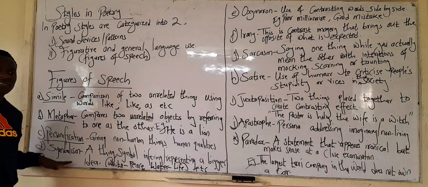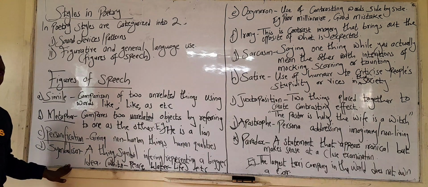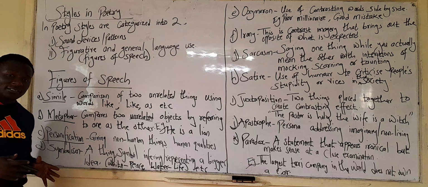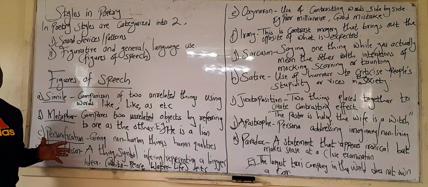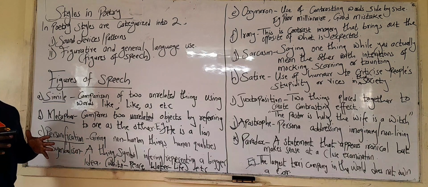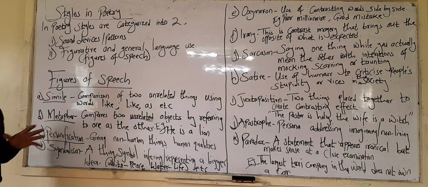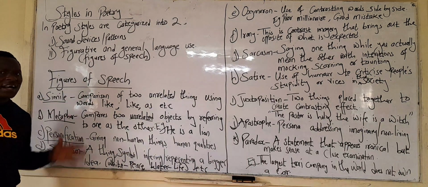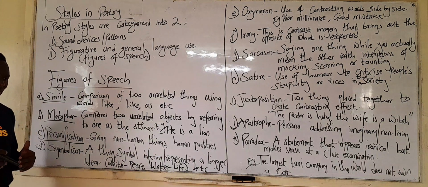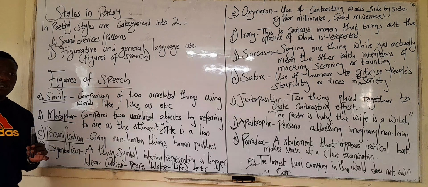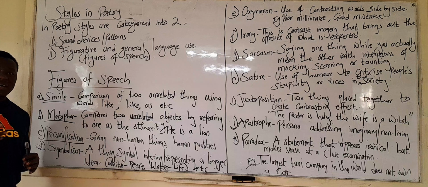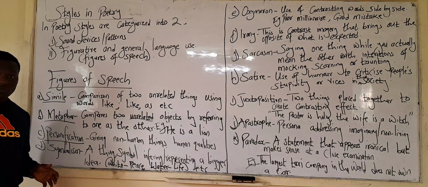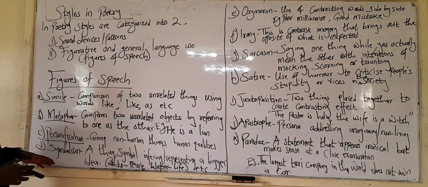Now the next one is symbolism. Pay close attention to this, because symbolism can be understood from the context of a bigger metaphor, because we're using something small to represent a big thing, where a thing or a symbol is being used to represent a bigger thing or an idea.